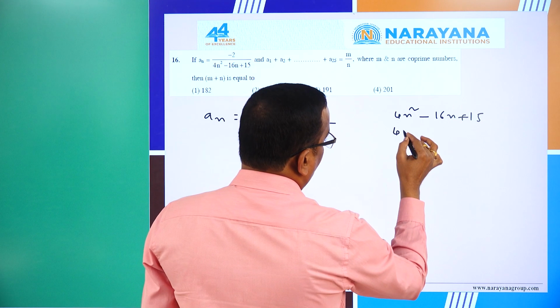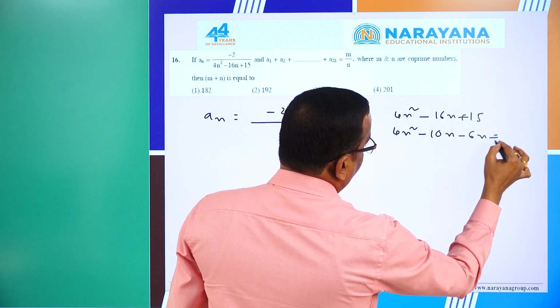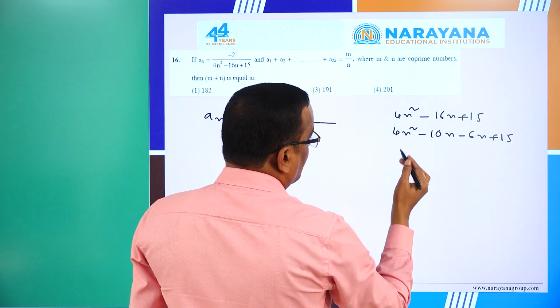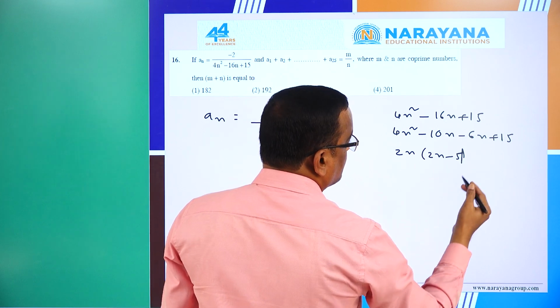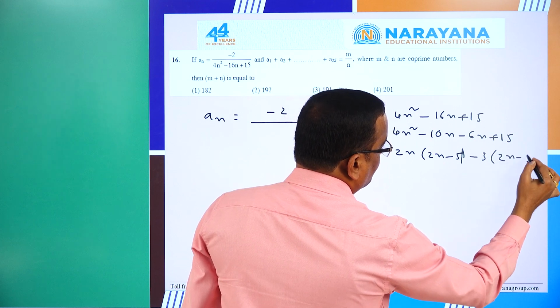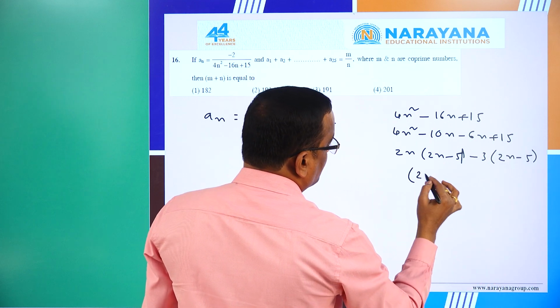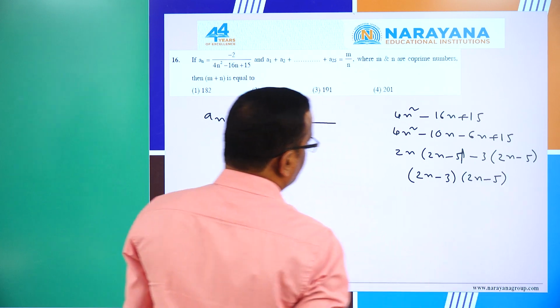So you can write this as 4n square minus 10n minus 6n plus 15, and taking 2n common, it is 2n minus 5, minus 3 common, it is 2n minus 5. So finally it is 2n minus 3 into 2n minus 5.